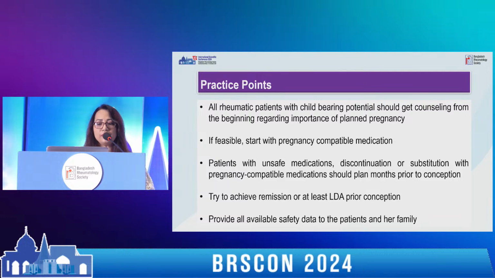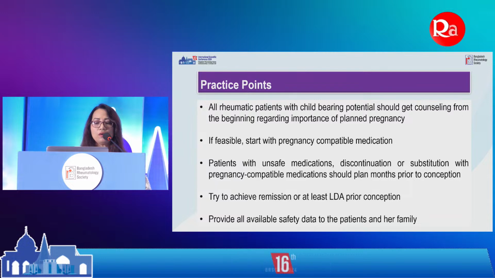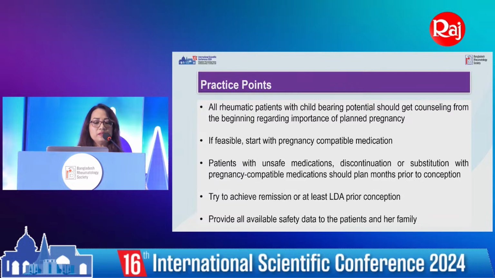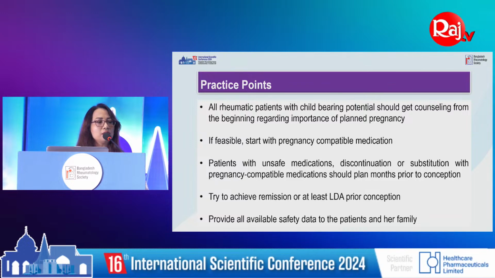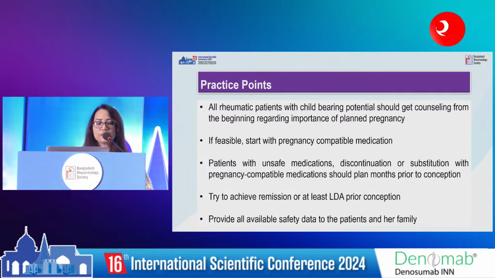For patients with unsafe medications, discontinuation or substitution with pregnancy compatible medication should be planned months prior to conception, because after discontinuation there may be a flare which needs to be controlled. Try to achieve remission or at least low disease activity prior to conception.